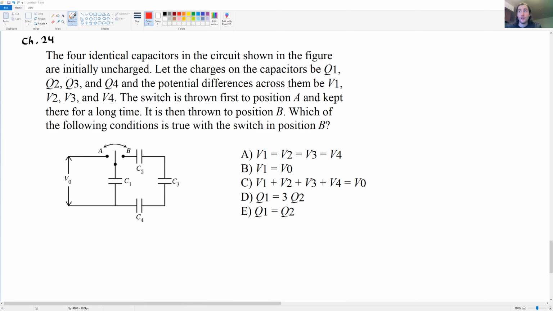I did get a good question here in the direct message. So you do want to assume that the switch is thrown to position B and you have waited a long time. So which of the following conditions is true with the switch in position B after a long time has passed? Okay, so after a long time has passed.